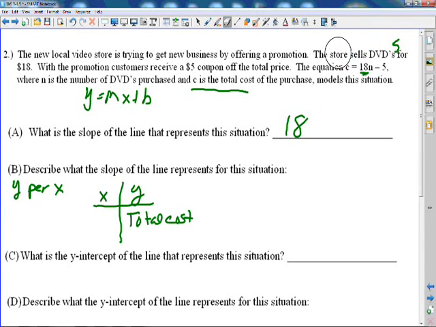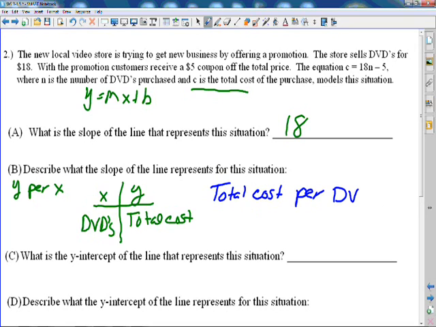They're buying DVDs, so x is the DVDs. So I have y, the total cost, per x, the DVD. Because it's asking, what does this slope represent? Well, it's the cost of each DVD, because we're taking 18 times however many we buy.